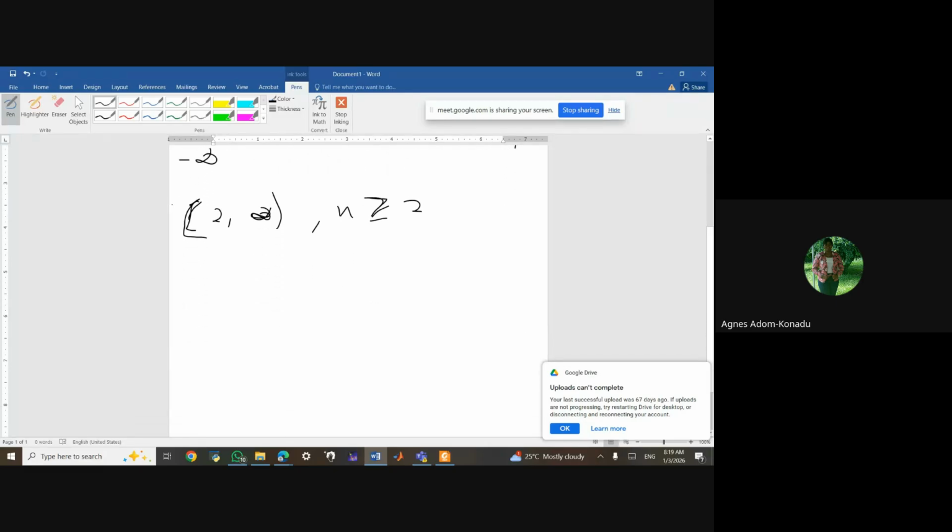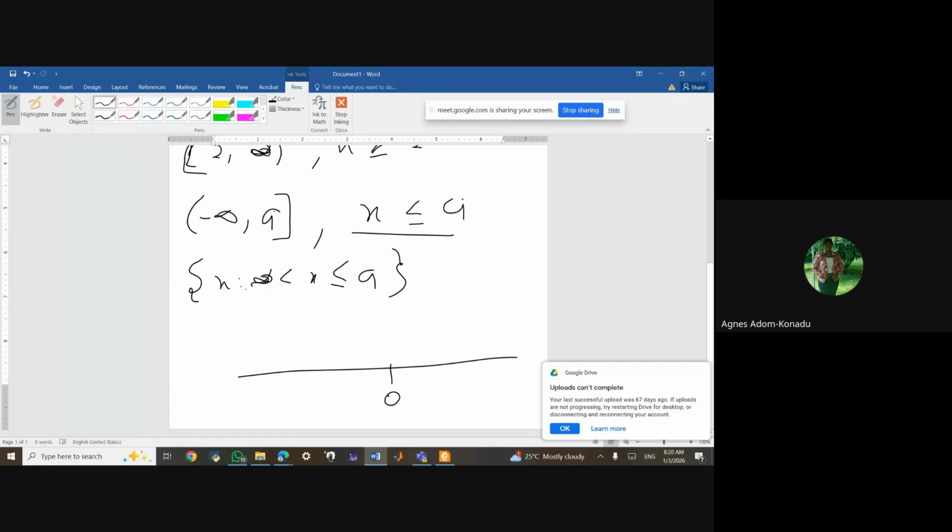In the other case, if I have open negative infinity and then A closed, this is the same as x less than or equal to A. In the truth set, it is x such that x is greater than negative infinity, but less than or equal to A.